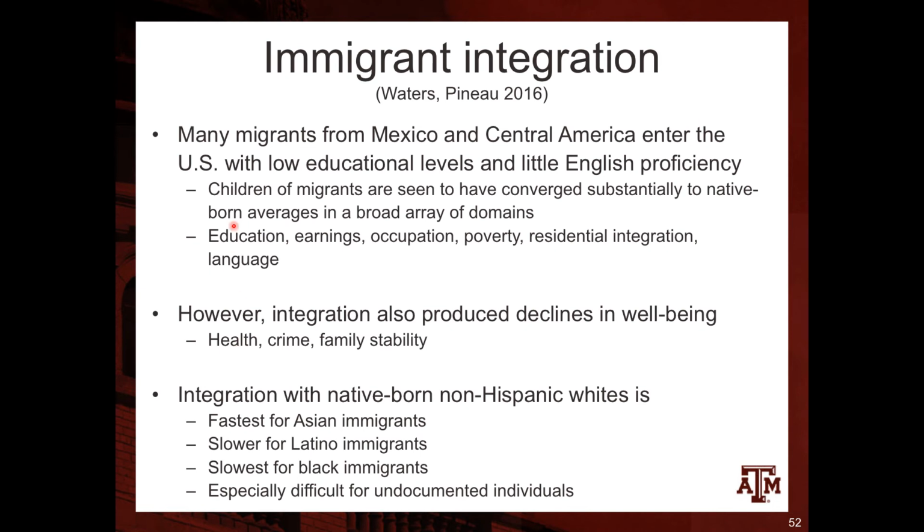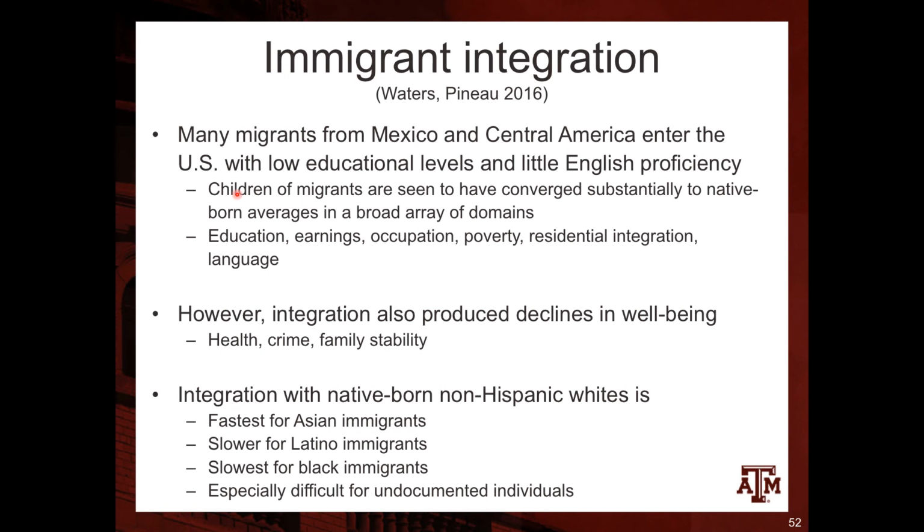But what happens is that when the second generation immigrants, the children, integrate into the country, their health starts being closer to the US-born population health. So their health declines. And also, first generation immigrants usually have lower levels of crime compared to the US-born population.